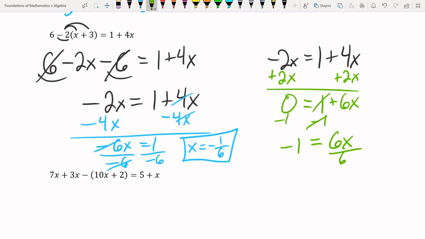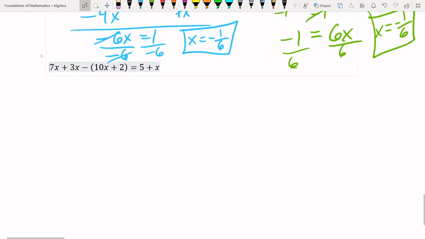Now we can divide by 6. And we have x equal to negative 1/6. So both the ways are the same. The blue way is faster, but it requires keeping your head in the game to see what you can do to be faster. Both ways work though. So if the green way makes more sense to you, which is the typical way we've been doing it, just do it that way.